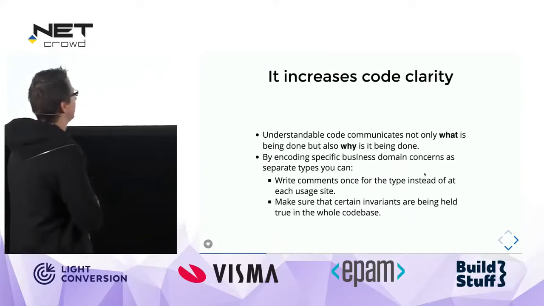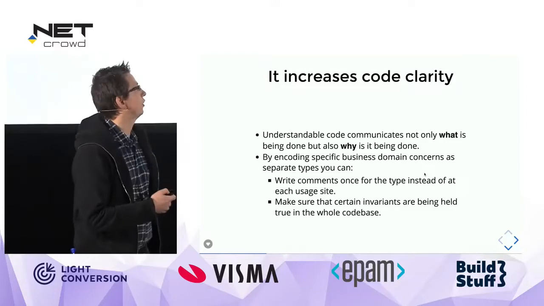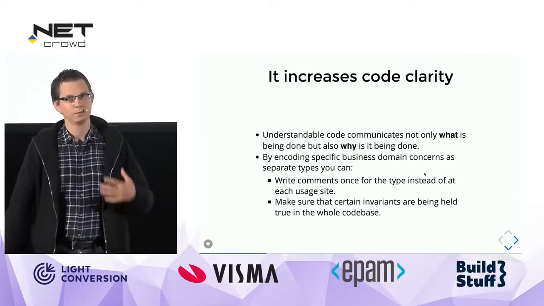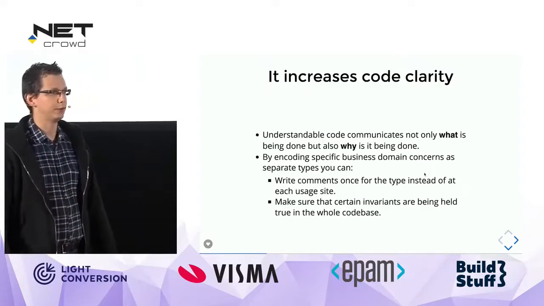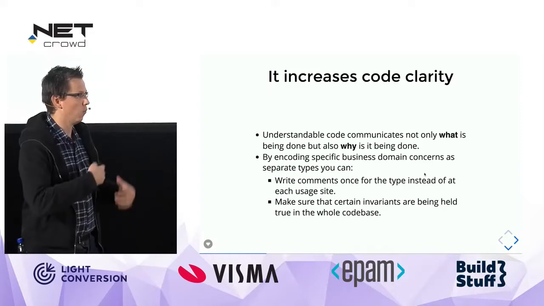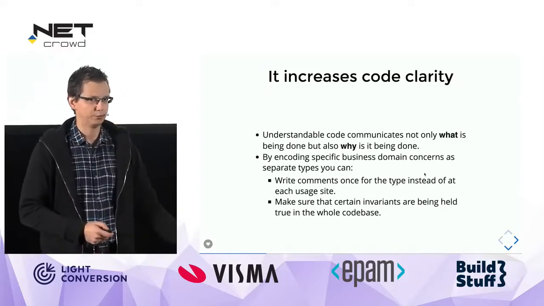We can increase the code clarity by using types. We can use types to communicate not only what something is, like is it a number, is it a string, but also what semantic context it has. Why is it a number like this? So you can say, this is not just a string, this is maybe a person's first name, or maybe a street name, or maybe something else.